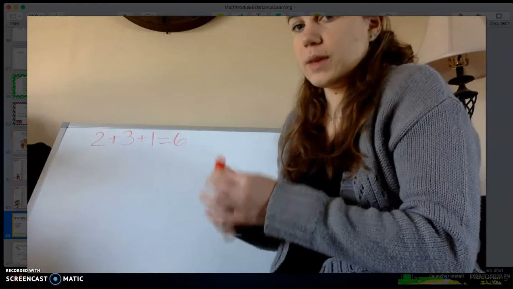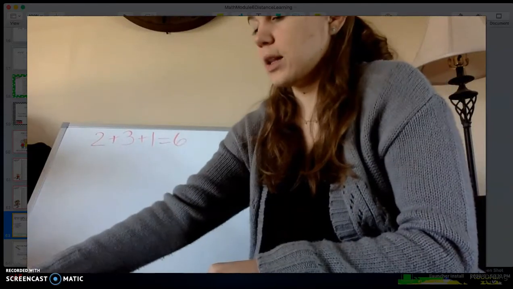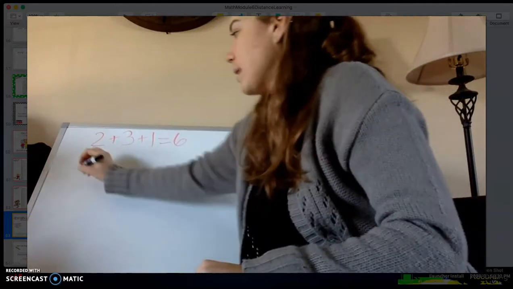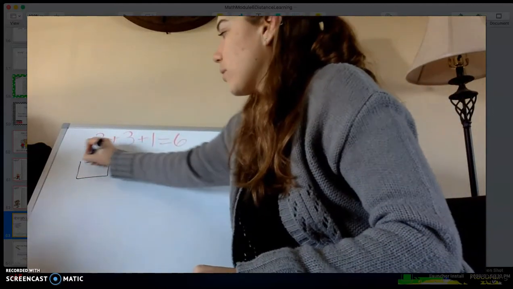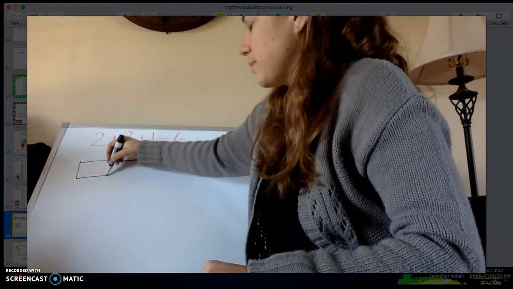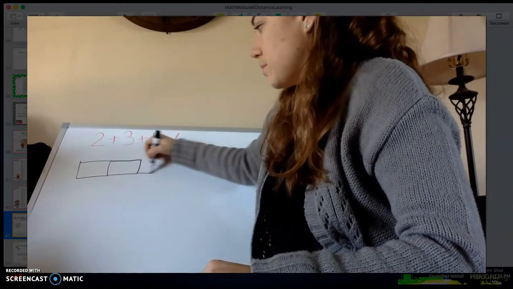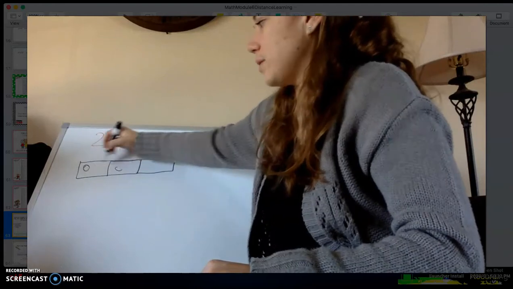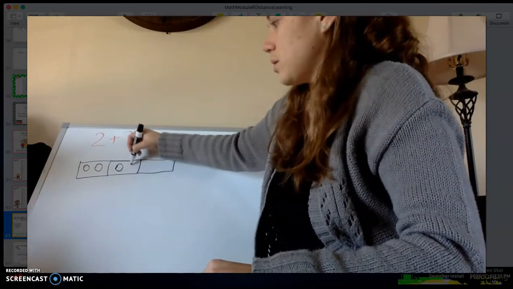Now they want to know if each bag had 2, how is that going to be different? So I'm still going to have my 3 bags, so my 3 parts of my tape diagram. But this time, each of them are going to have 2.